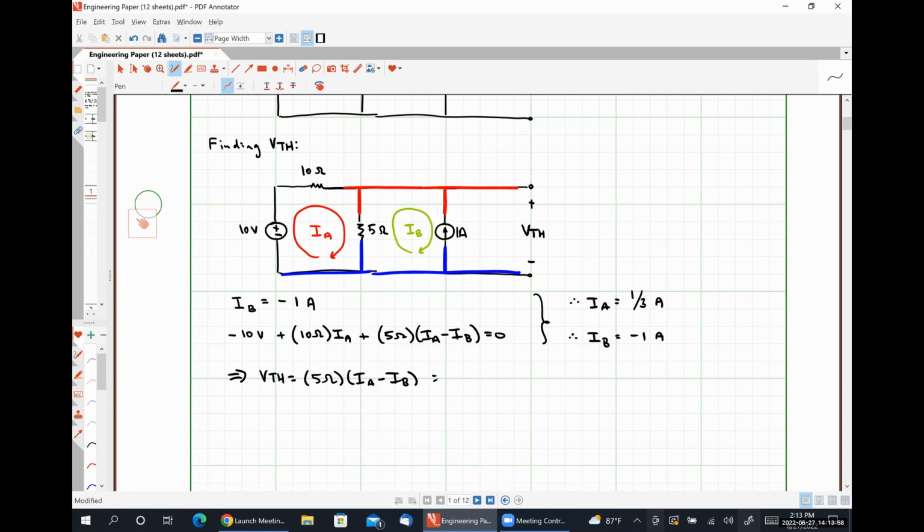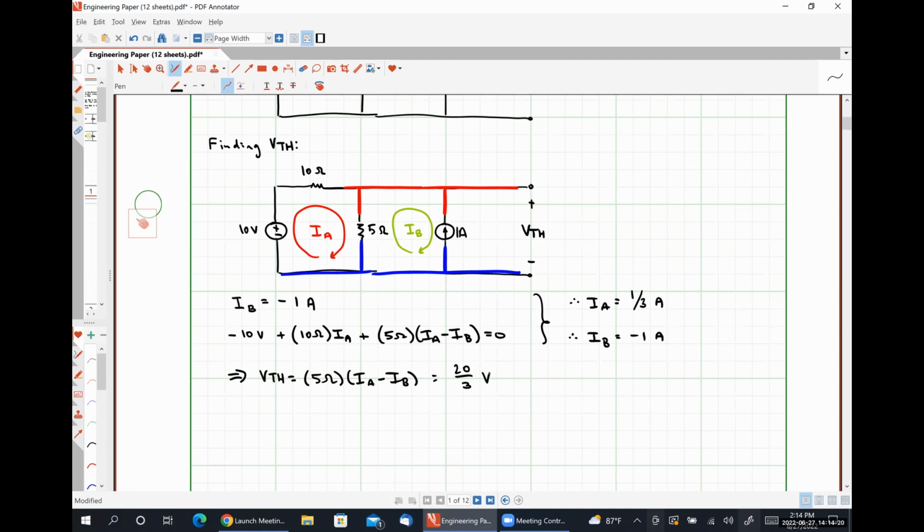So that's going to be 5 times 1/3 minus -1. Comes out to be 20/3 volts. So that is my Thevenin voltage.